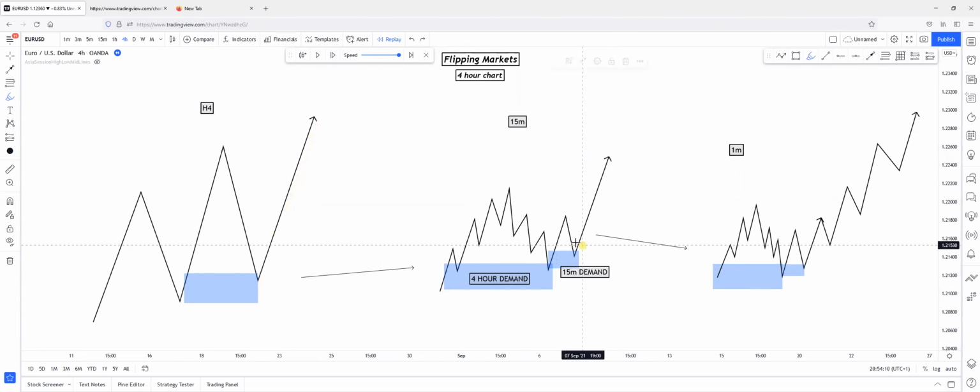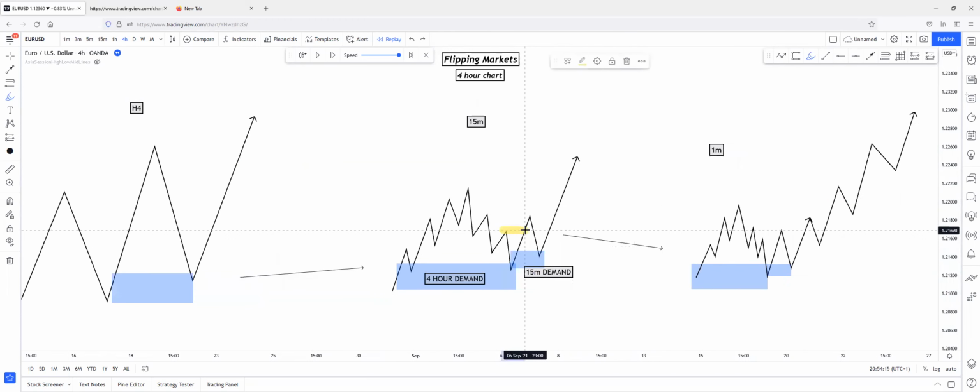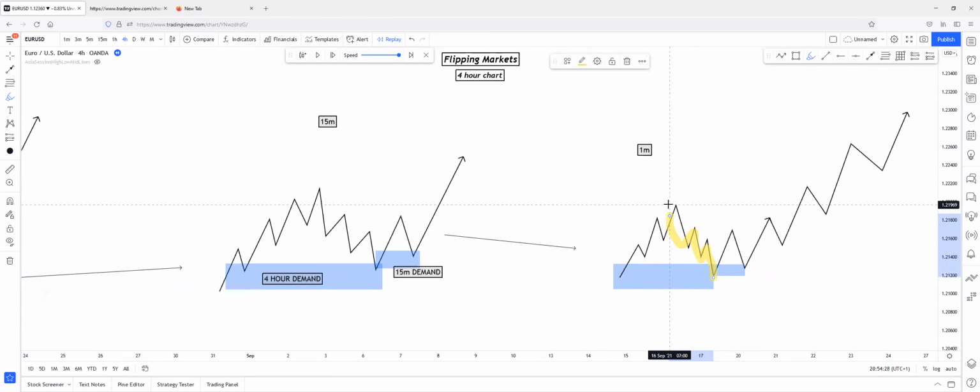Okay, let's break down this step of the zone on the 1 minute chart. After the 50-minute change of character and the 50-minute demand zone has been created, price tapped into this zone, and this upside movement will look like this on the 1 minute chart, and this downside movement will look like this on the 1 minute chart also, creating a series of lower lows and lower highs.